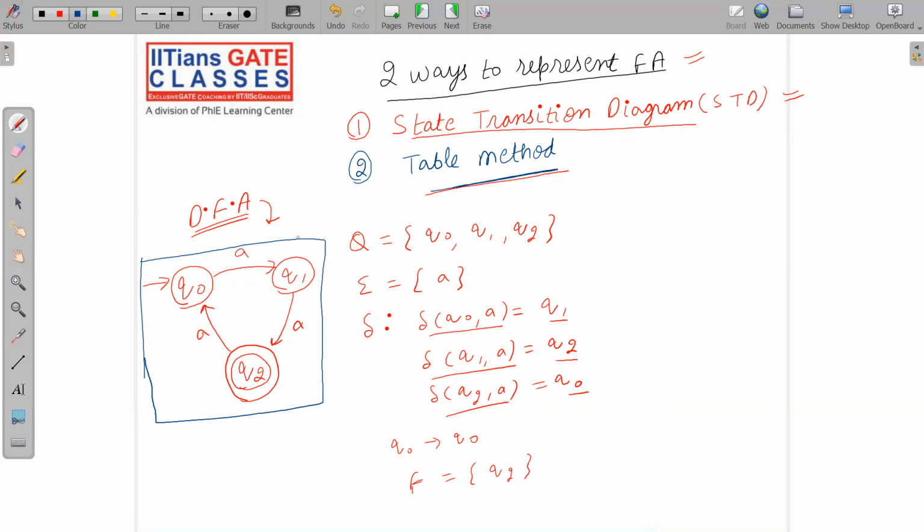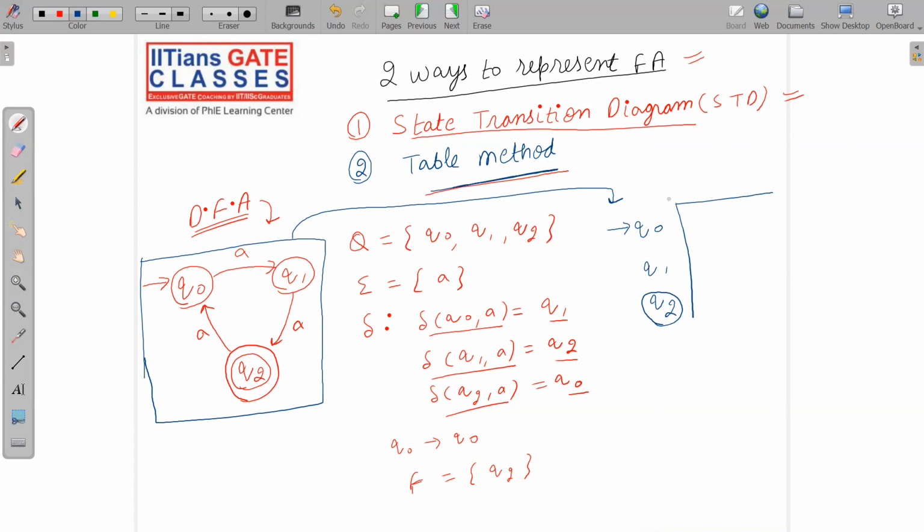Now, can you tell me what the table method will be? The table method is again very simple. Let's convert this DFA, the state transition diagram, to a table. We show the states in the rows: Q0, Q1, Q2, with the initial state marked with an arrow and the final state with a circle.